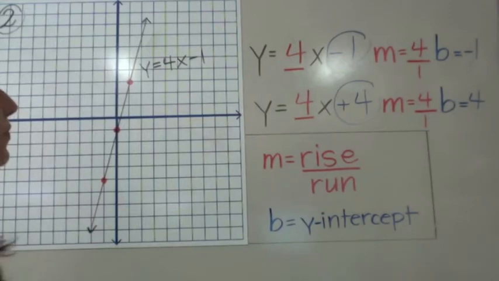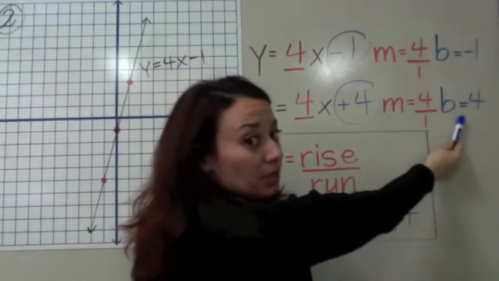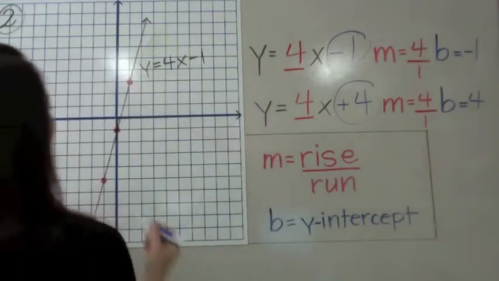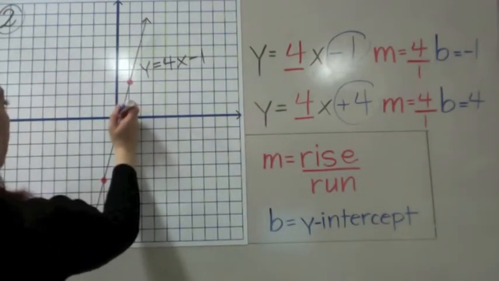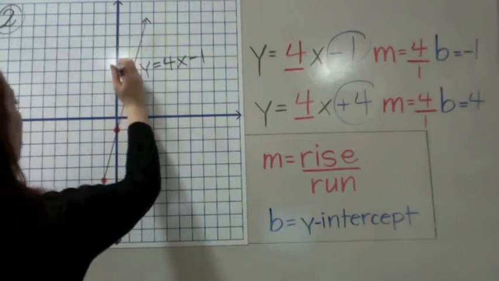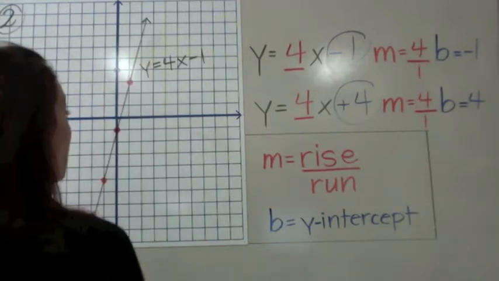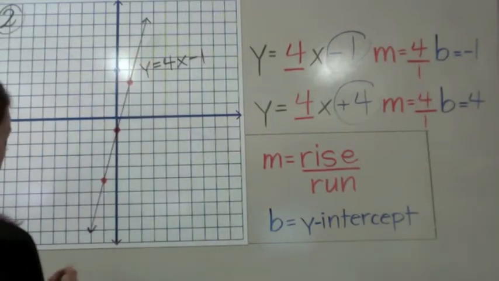Are you ready? What is the y-intercept? What did we say b was for the second one? It's 4, right? So we're going to start at 0 and go up 4 on the y-axis. 1, 2, 3, 4. Great. Y-intercept is 4. From this point, we're going to also go up 4 and go over 1.